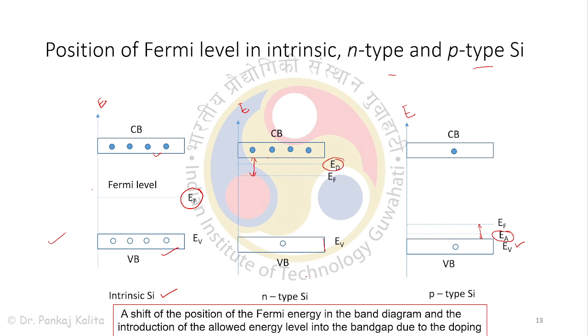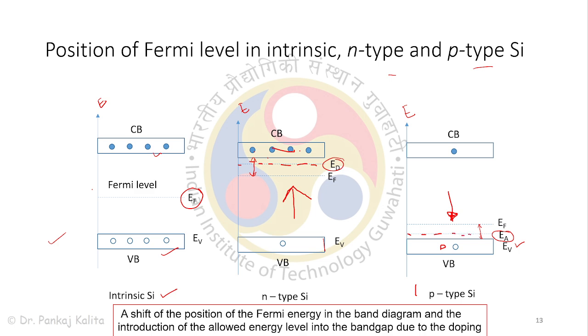But for n-type silicon, there is a shift of the Fermi level towards the conduction band because there is an excess of electrons here, and an introduction of a new allowed energy level into the band gap due to doping. This is your donor energy level. If you talk about p-type silicon, there is an excess of holes here, the Fermi level shifts toward the valence band, and there is an introduction of a new energy level, the acceptor energy level.